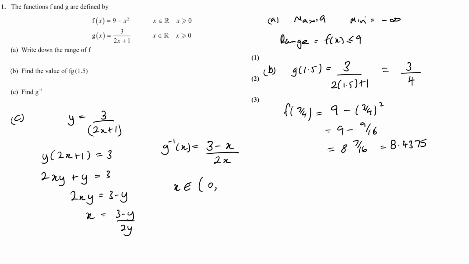And above 3, like 3.1 or 4, this becomes a negative value, which is not acceptable because the range is greater than or equal to 0. So this is everything up to and including 3. You can use that terminology, or you could use that it is less than or equal to 3 and greater than 0. It's up to you.